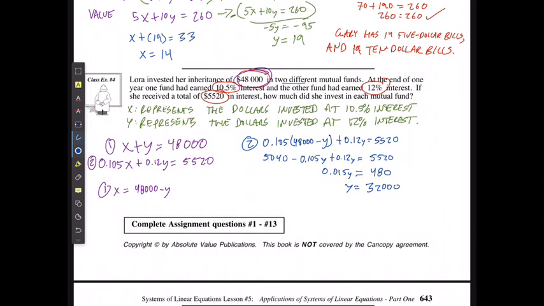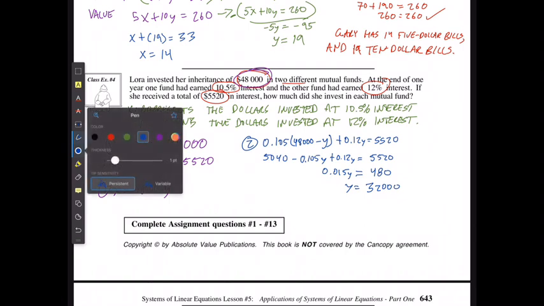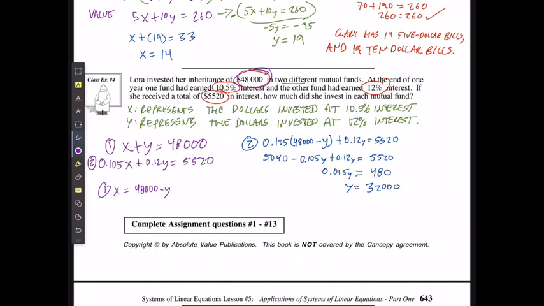I can take that from equation 2, put it back into equation 1, and I'm going to say that x is going to equal 48,000 minus 32,000, which is going to give me 16,000.